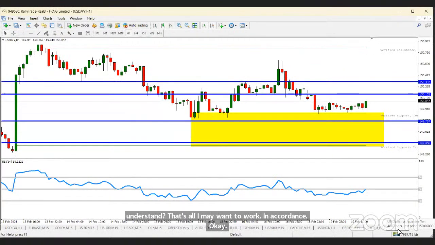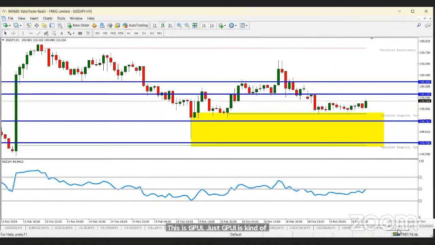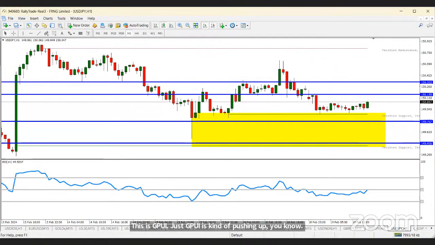This USD JPY is pushing up, and that would likely be the case considering the strength of Mr. Dollar.